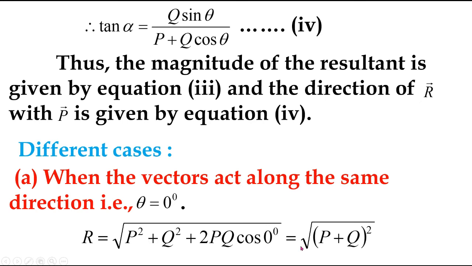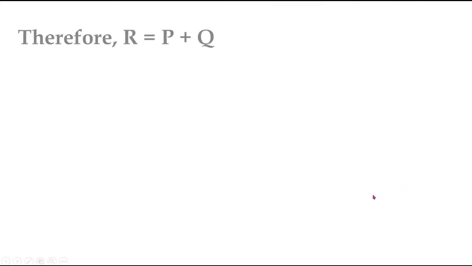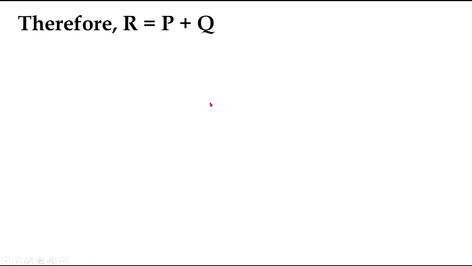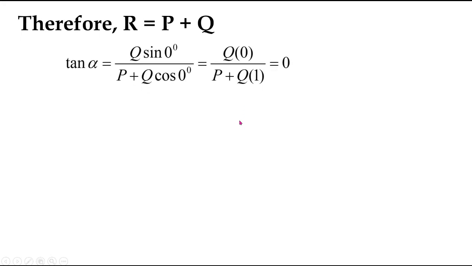So that equals root of P square plus Q square plus 2PQ, which can be written as root of (P plus Q) whole square. Therefore, the magnitude of the resultant R is equal to P plus Q when both vectors are in the same direction.